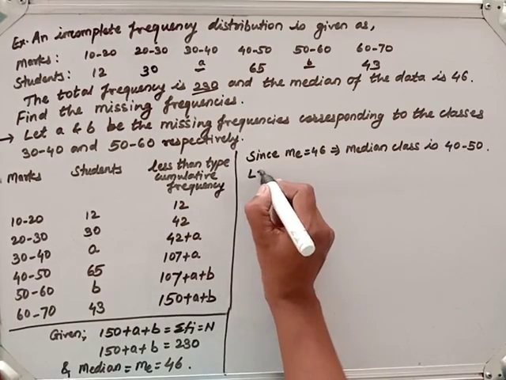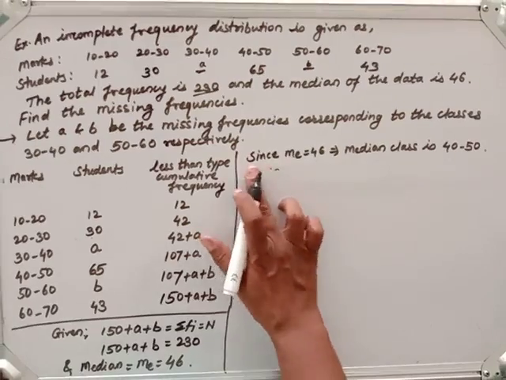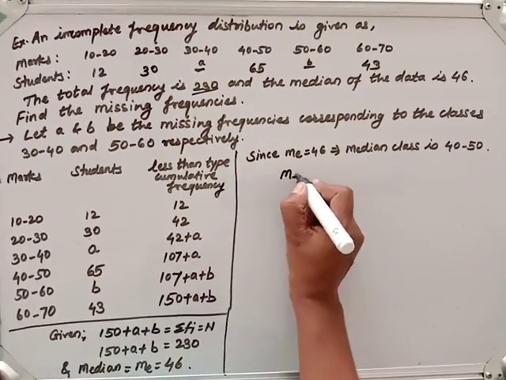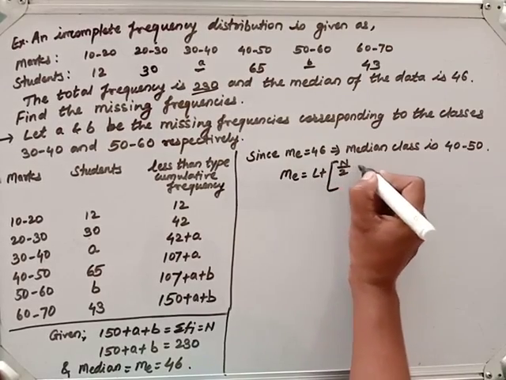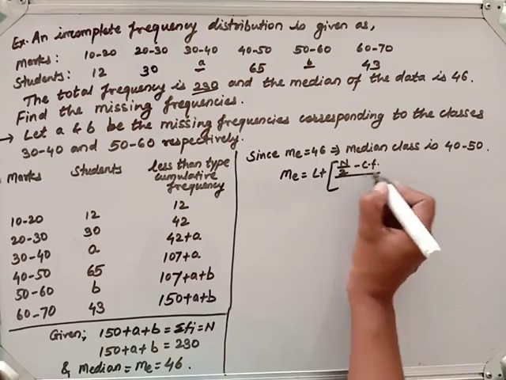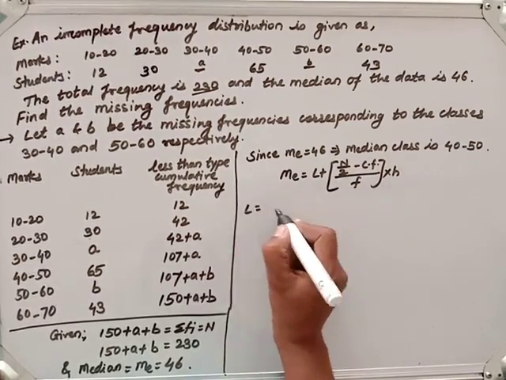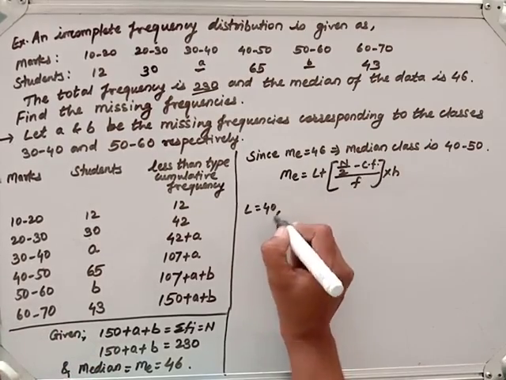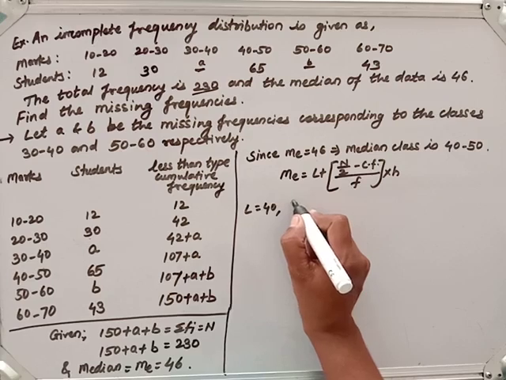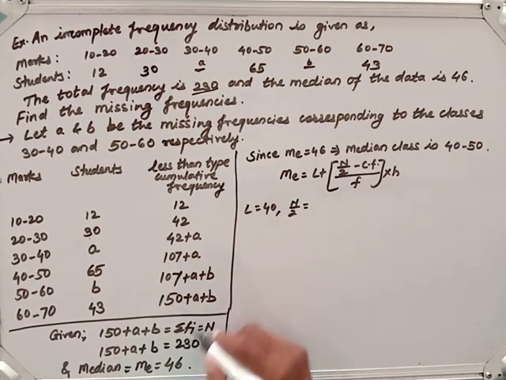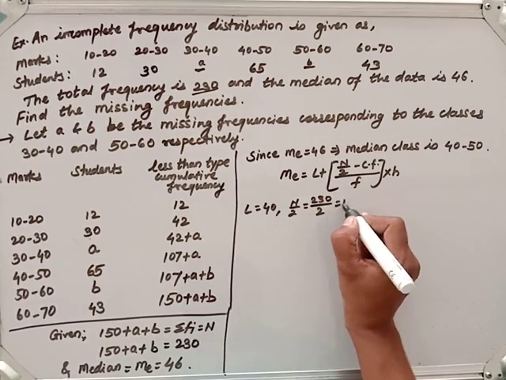So we get L as 40. From the result we know median is equal to L plus n by 2 minus CF upon F into H. What is L here? L is 40, the lower limit of the median class. Here n by 2 is 230 by 2, so it is 115.